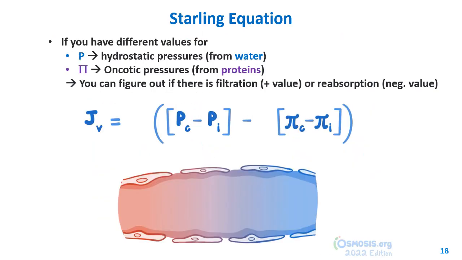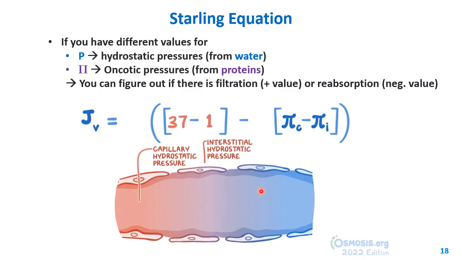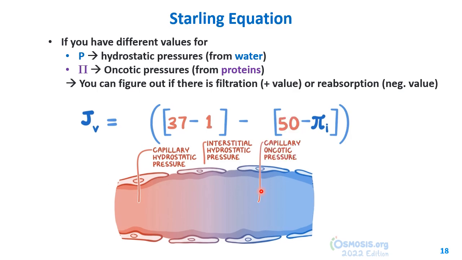So here is an example of what is happening. Let's say you have a certain value of capillary hydrostatic pressure that is a bit higher than your 35. So this guy is 37, a bit higher pressure. And you have your interstitial hydrostatic pressure that is usually 1. Now let's say you have an oncotic pressure that is about 50.